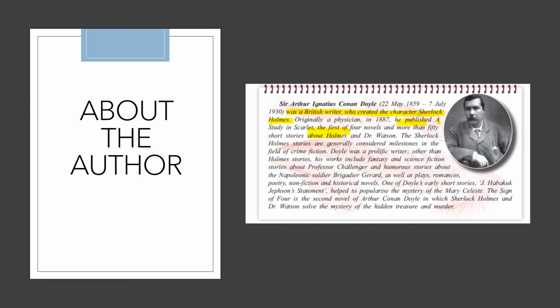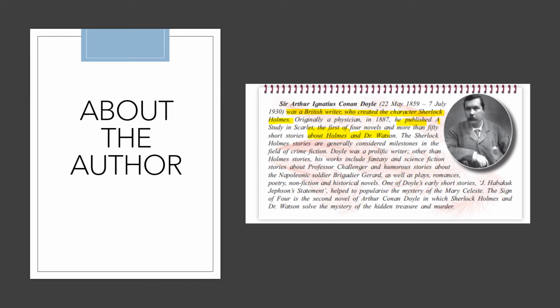Originally a physician, he published the first of four novels and more than 50 short stories about his famous character Sherlock Holmes and Sherlock Holmes' friend Dr. Watson. The Sherlock Holmes stories are generally considered a milestone in the field of crime fiction.